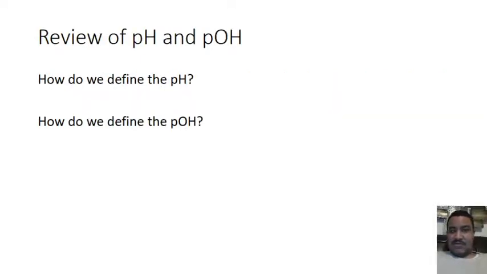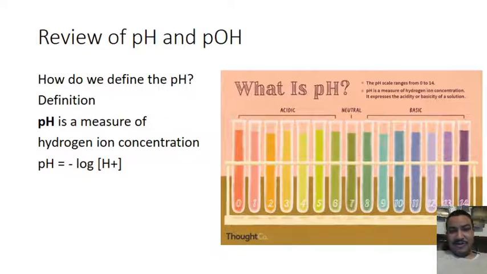So quickly I want to review the pH and the pOH. How do we define the pH and how do we define the pOH? These are typically looked at for acids and bases, but I wanted to do a review very quickly before going into this presentation of the problems. How do we find the pH? The pH is simply a measure of the hydrogen ion concentration in the solution.